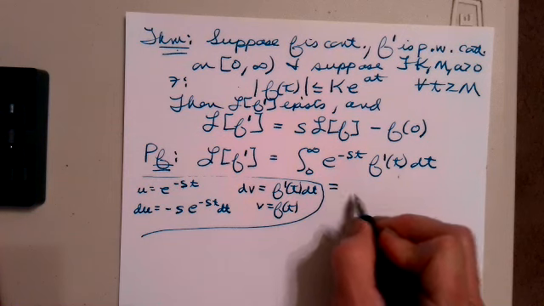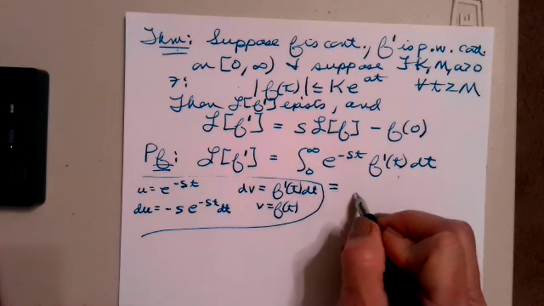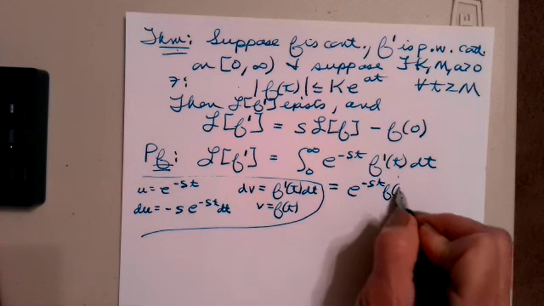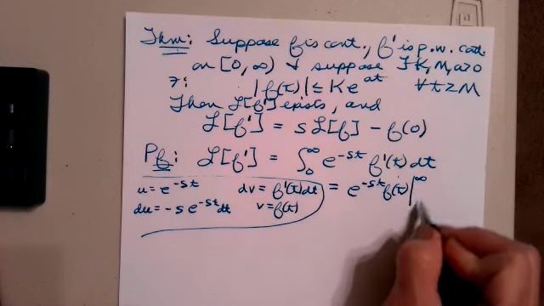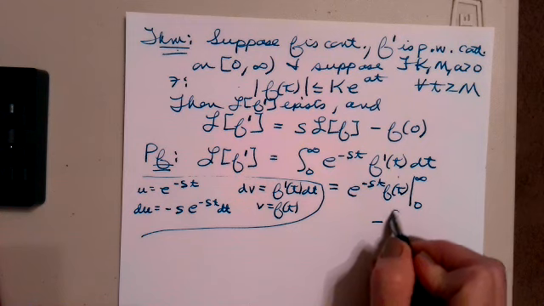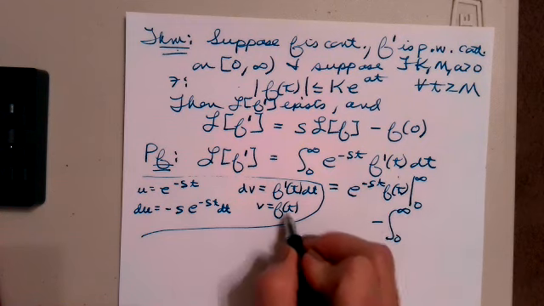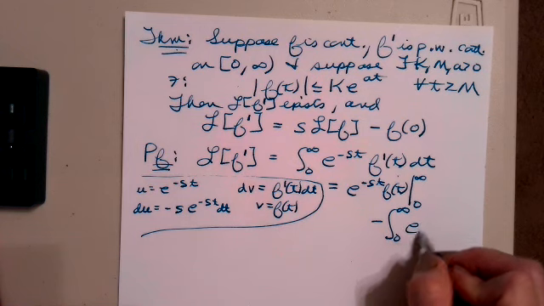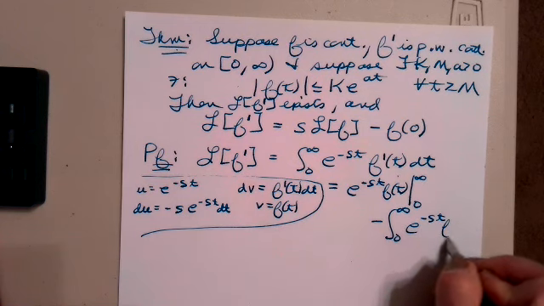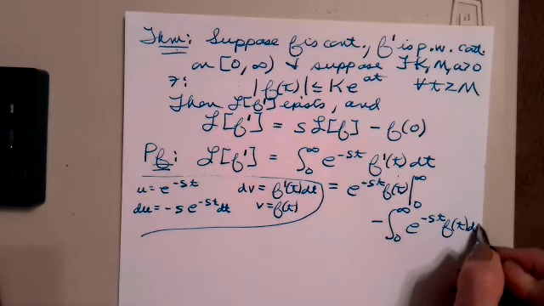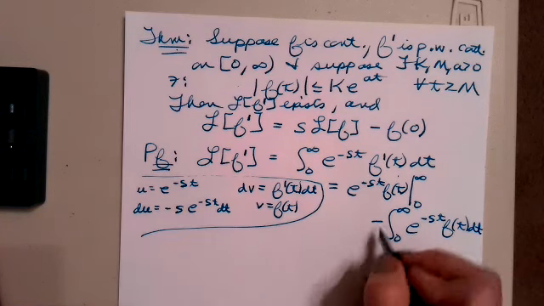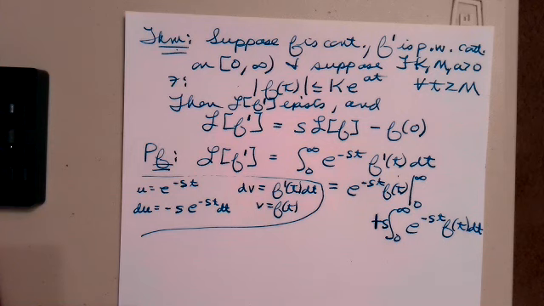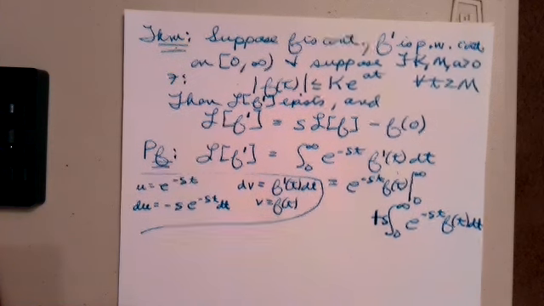And so this is equal to u times v. So that'll be e to the minus st times f of t, evaluated from infinity to 0, minus the integral from 0 to infinity of v times du. So that will be e to the minus st f of t dt. And there's a minus s here, so this will be a plus s. S is not the variable of integration, so I can write it out in front of the integral.